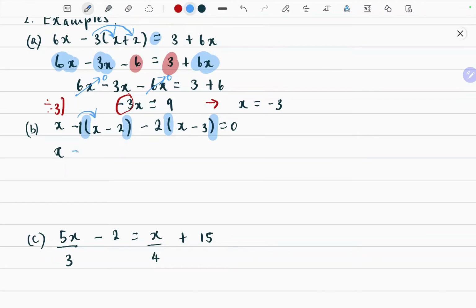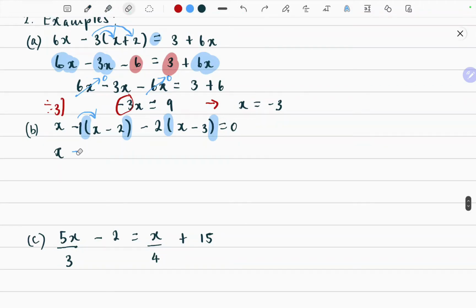Negative 1 times x is negative x, and negative 1 times negative 2 is positive 2. Then on this side, negative 2 times x is negative 2x, and negative 2 times negative 3 is positive 6, equals 0.